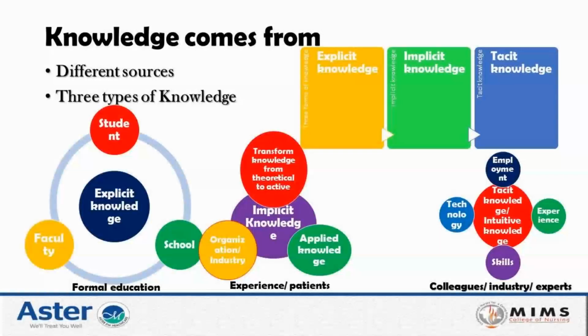Then the third one is tacit knowledge, or people call it intuitive knowledge. This is knowledge which you obtain from colleagues, industry experts, or experts of academia, then from technology, from the skills you have learned, from the employment you obtained, and also from your experience in the employment.